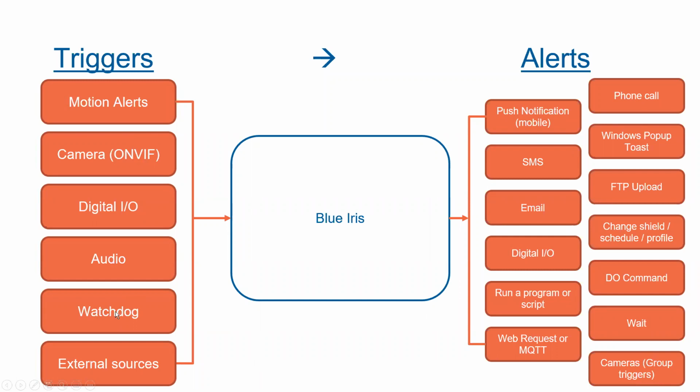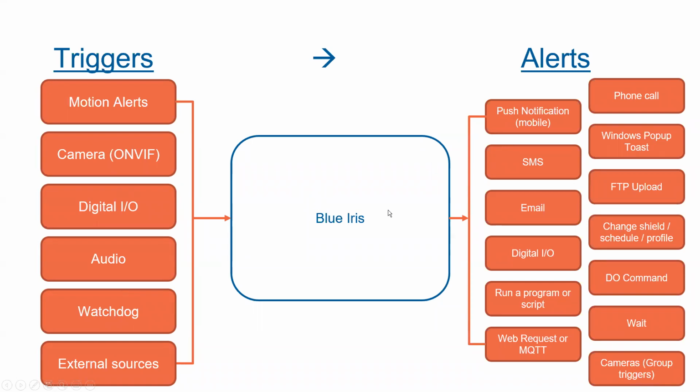We have other sensors within Blue Iris itself, to see if the cameras went dead or something, which we refer to as watchdog. You can have external sources like a motion sensor placed somewhere strategically that triggers a camera. These are inputs from the outside world that Blue Iris can digest and do interesting stuff with.